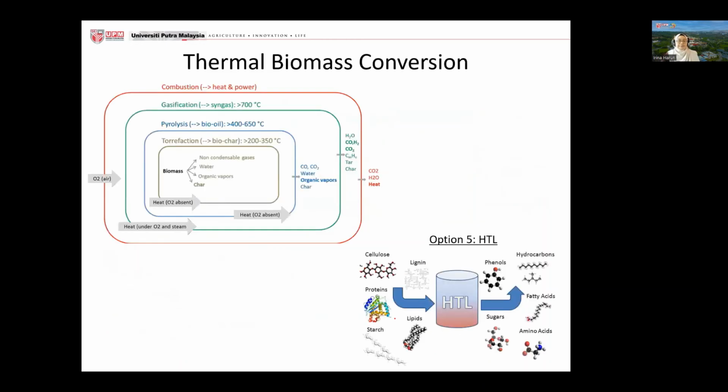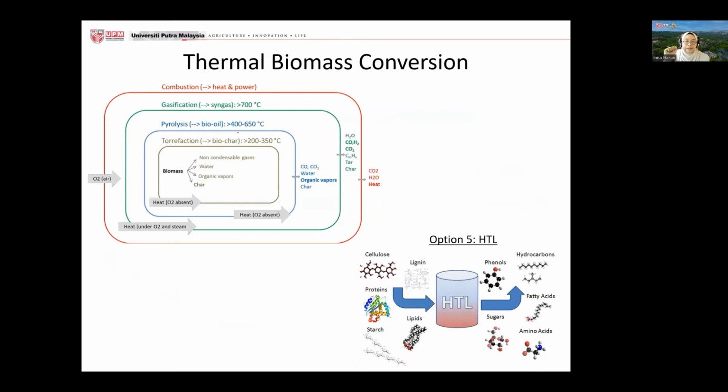All right. Now, just a brief overview. I won't go too deep into this one. You still remember thermal, and there are four different types. Those four types can be differentiated by the temperature at which the process is conducted.